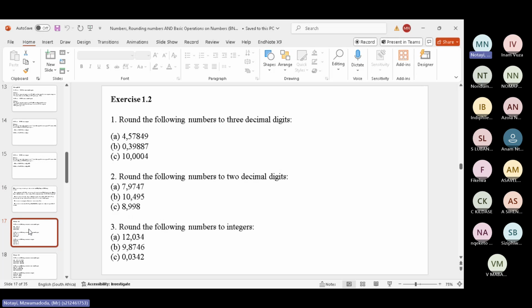All right, an exercise for you guys. Round the following numbers to 3 decimal digits. And then you are asked to round the numbers to 2 decimal digits as well, and round the numbers to integers. Please work them out and then write them in the chat section.